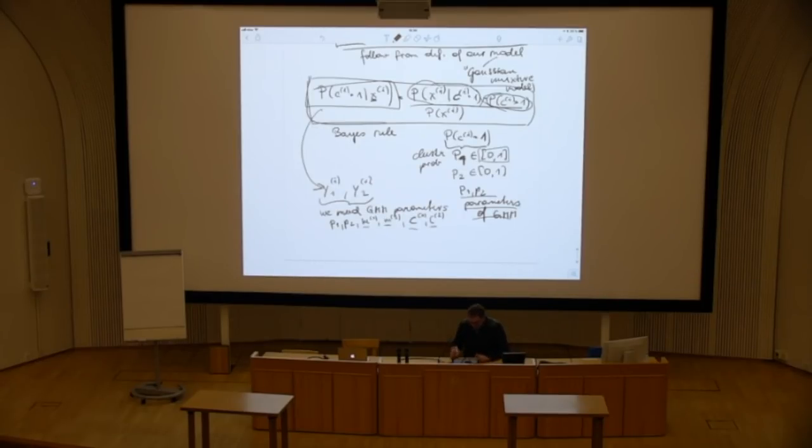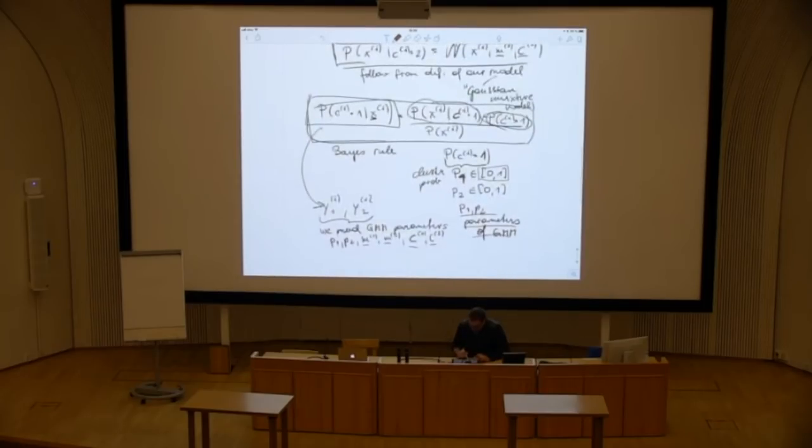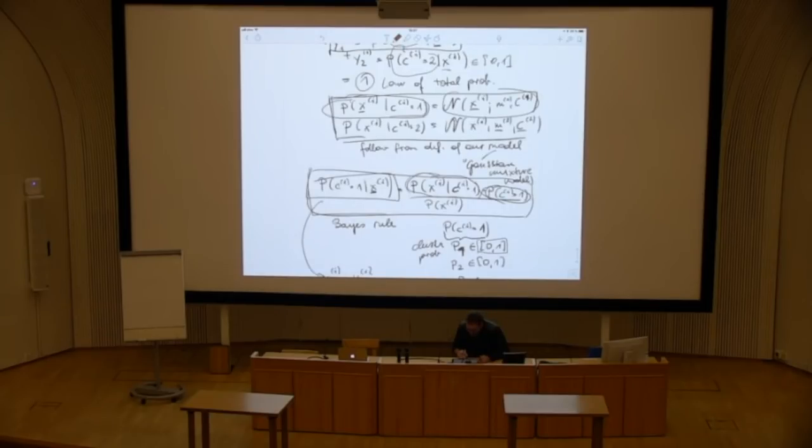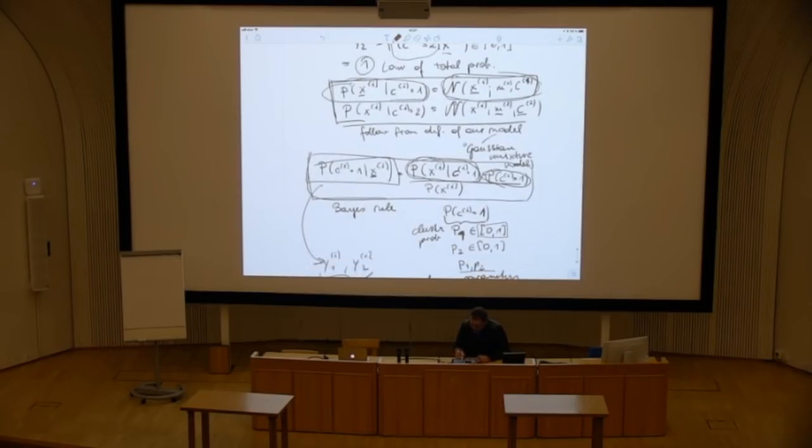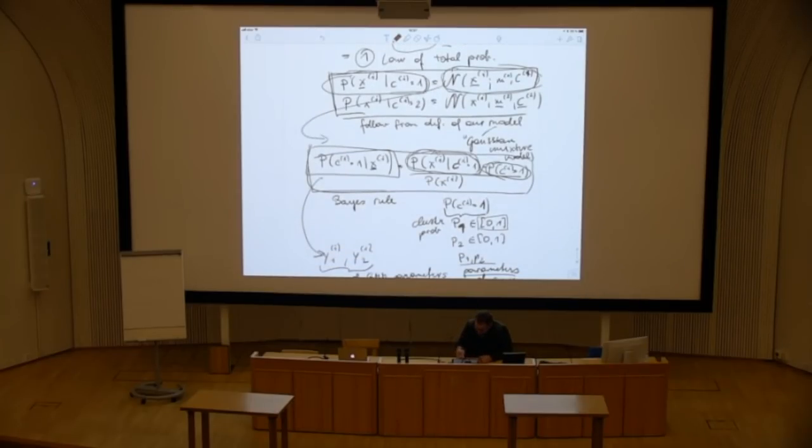We need the cluster mean vectors and covariance matrices to evaluate this conditional probability function, because this is the evaluation of the Gaussian distribution. And in the Gaussian distribution, if I may write this out, what does this mean?